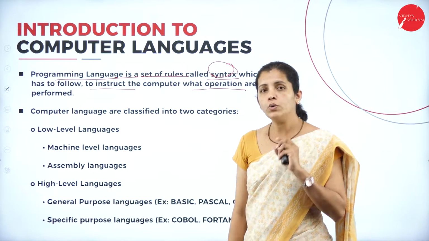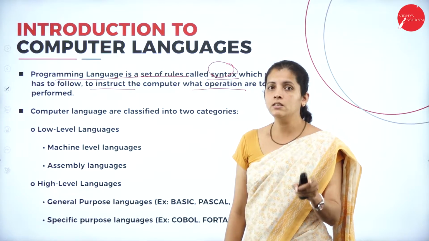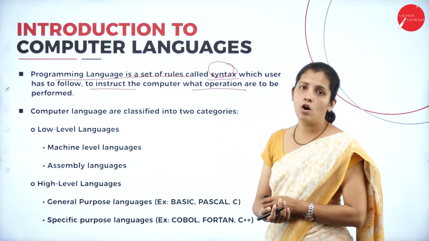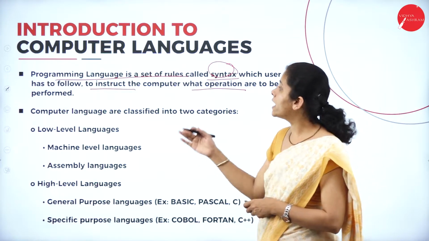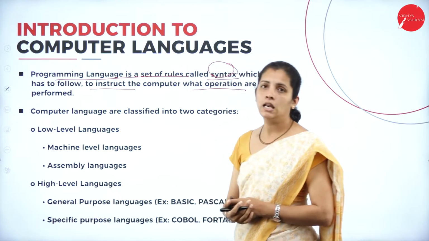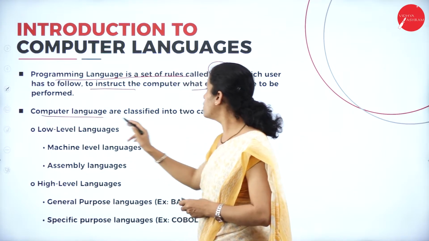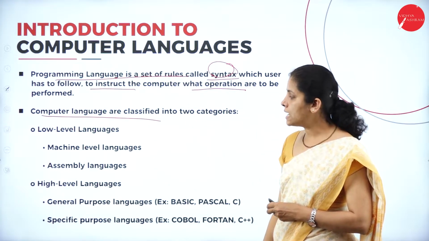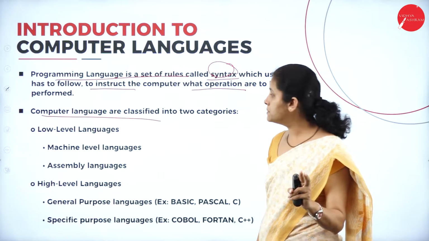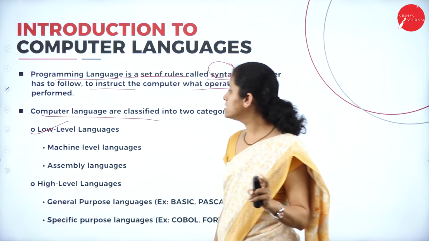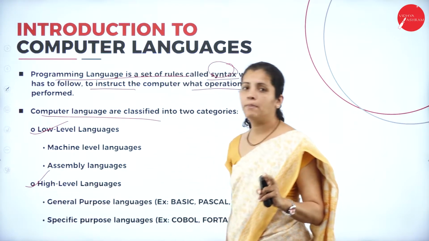Now, if I want to instruct the computer system what operations are to be performed, for that I require a programming language. Now, if I consider computer programming languages, they are classified into two types, that is low-level programming language and high-level programming language.